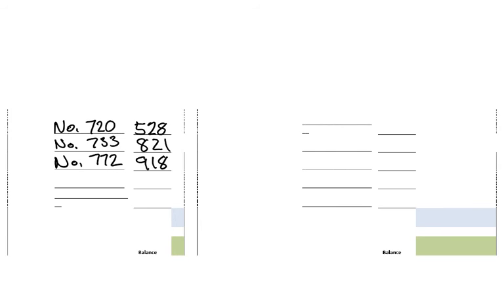So going forward, the next event is check number 758 for $823 was canceled. Now, that means that check number 758 did not go on the bank balance because it never cleared.